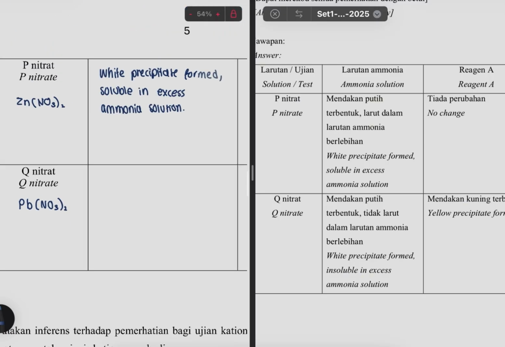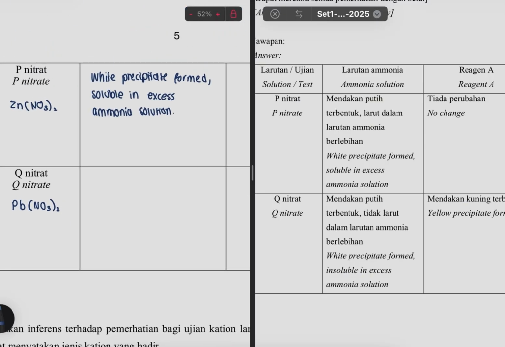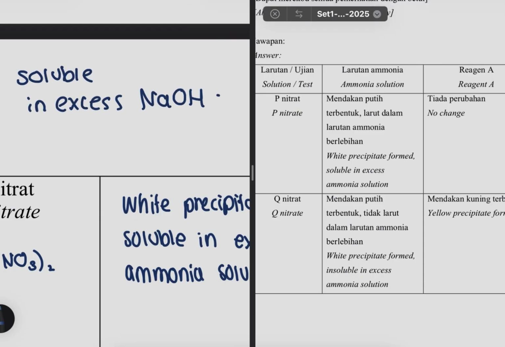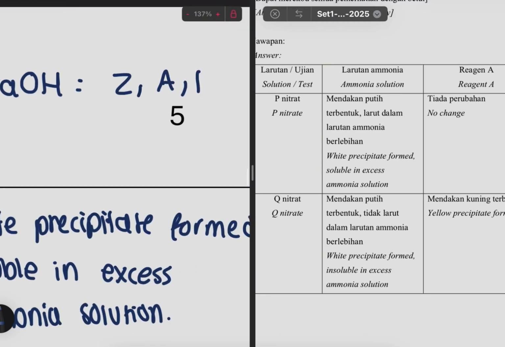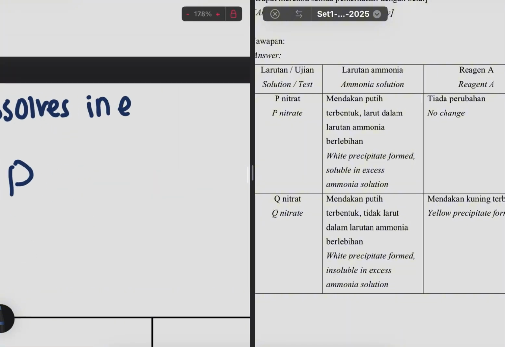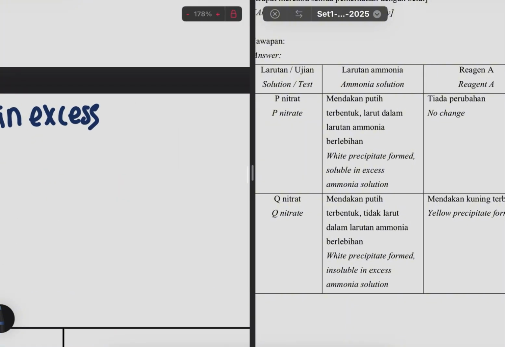So this is Pb(NO₃)₂. Remember the white precipitate that is soluble in excess sodium hydroxide, there's 3. I like to remember ZAP. So soluble in excess NaOH is ZAP. I like to say Z is special because my name starts with Z. So this is how I remember that zinc is the only one that dissolves to form a colourless solution in excess ammonia.